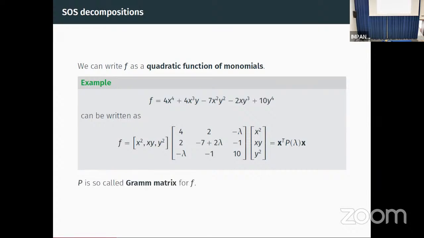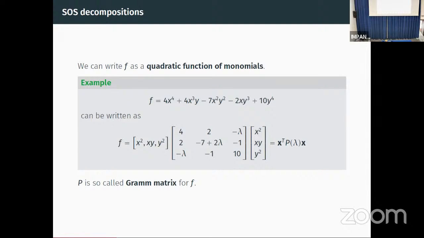And such a matrix P we are going to call a Gram matrix. So if I can diagonalize the Gram matrix, and it has only non-negative eigenvalues, so 0 or positive, then this thing is going to be a sum of squares. Right?